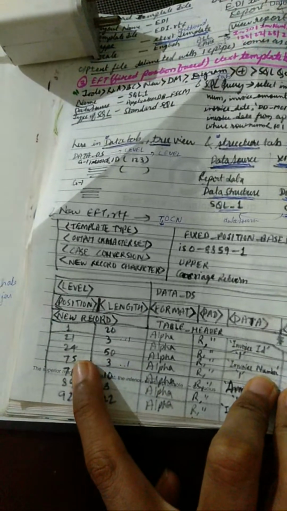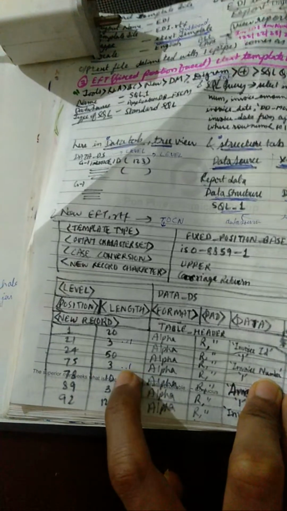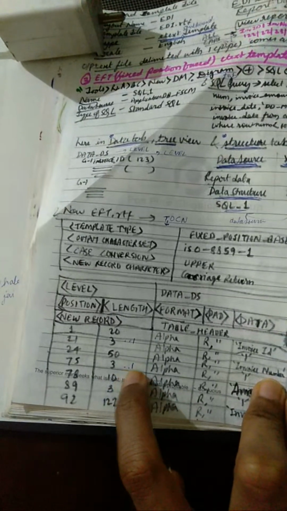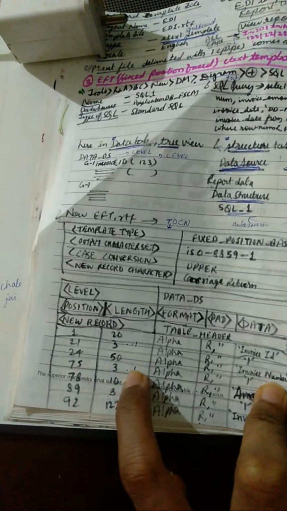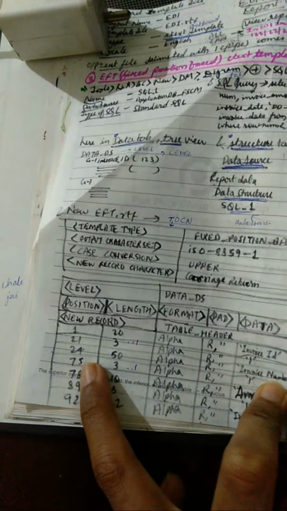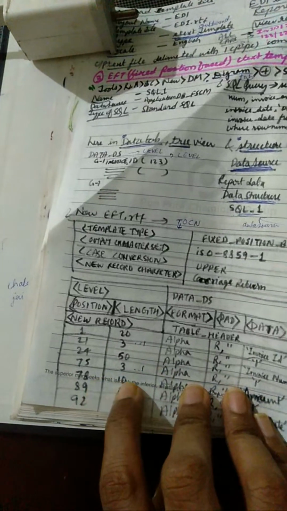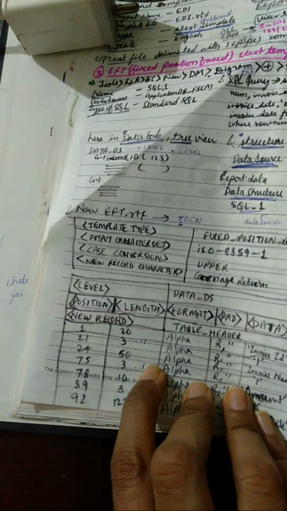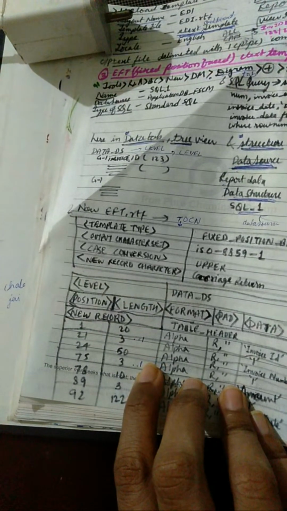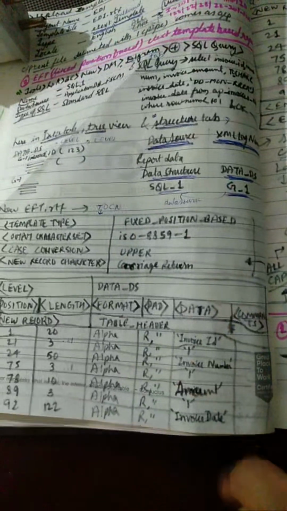From the 75th it should start. 75th, 76th, sorry, just a second, 5, 6, 7, 8, yeah. Sorry, 75th it should start. 5, 6, 7, and the 78th the next should start. And the last one is my delimiter, because I have right padded it. Okay, so this is how all the column names should come.